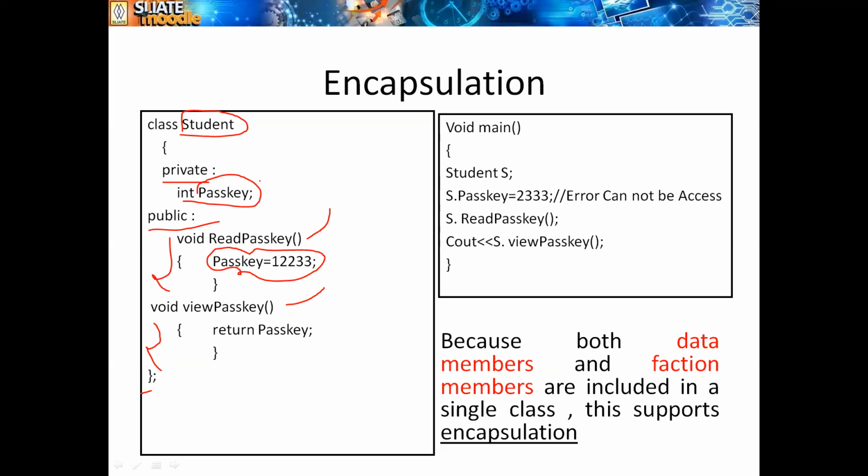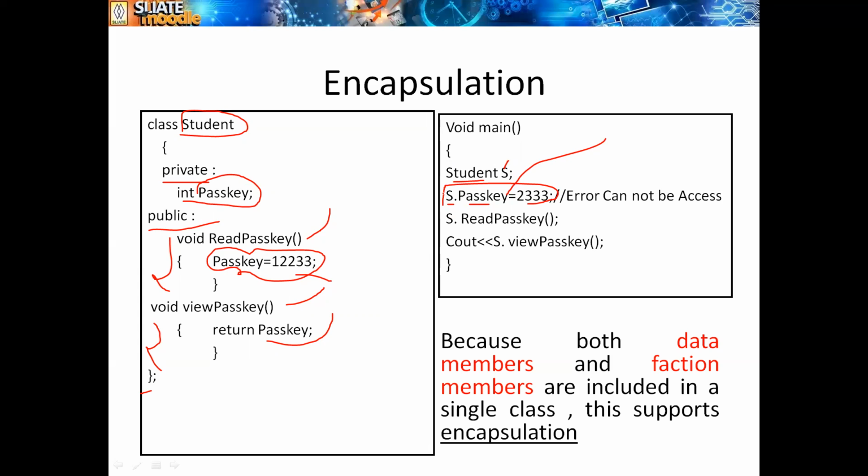The value is assigned here and then returned by the other method. In the main method, we create an object of the Student class and assign 23 to the password key. This is an error, because it is a private variable and can't be accessed outside the class.